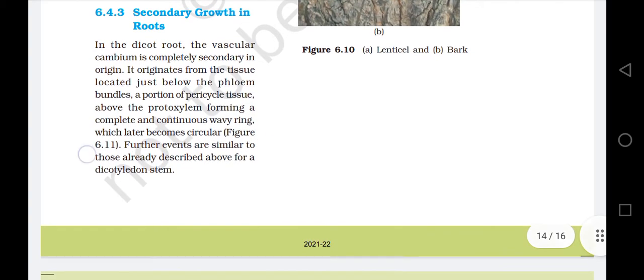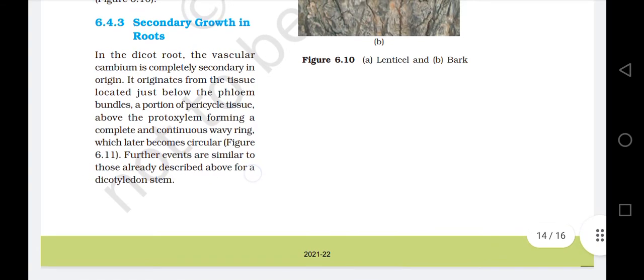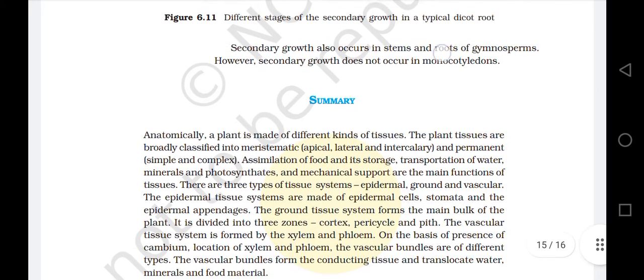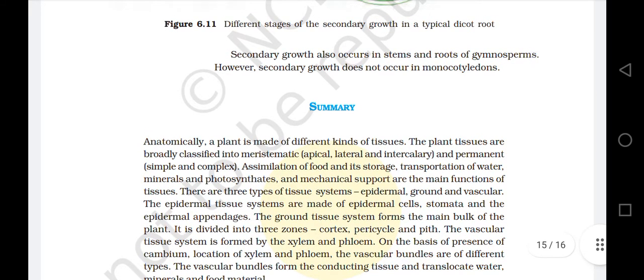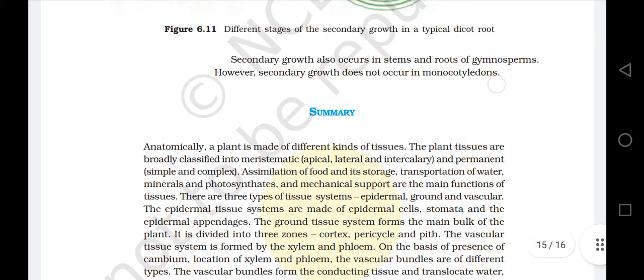Figure 6.11. Further events are similar to those already described above for dicotyledonous stem. Secondary growth also occurs in stems and roots of gymnosperms. However, secondary growth does not occur in monocotyledons.